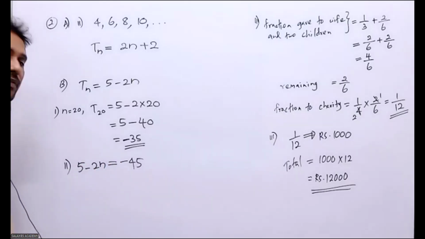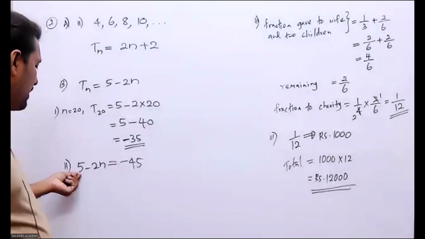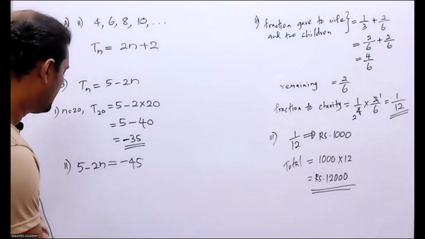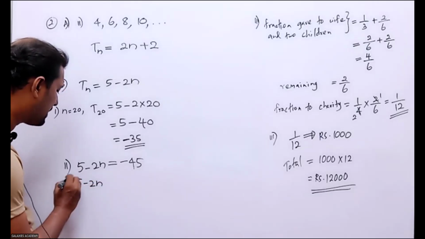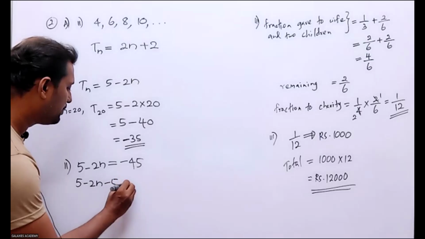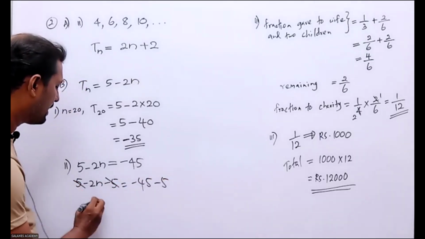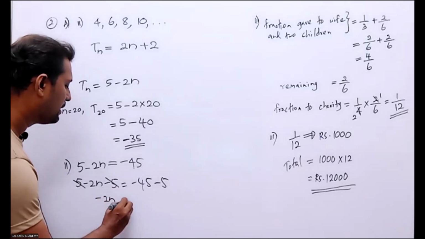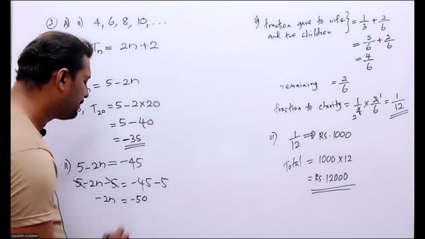Then you have to simplify this one. How can you simplify? This 5 you can take to the other side. How can you take it to the other side? This 5 is plus 5, no? So on both sides you put minus 5. Then plus 5 minus 5 cancel. This side is minus 2n. Negative 45, minus 5 means negative 50.